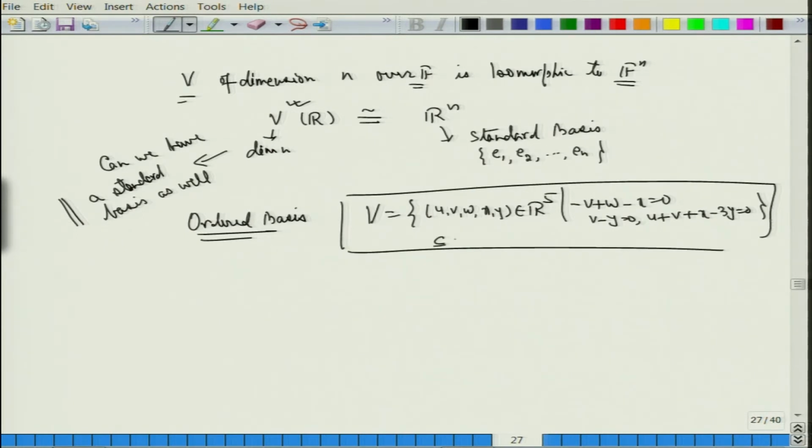This is a subset of R^5, nothing special. It is nothing but the null space of A.